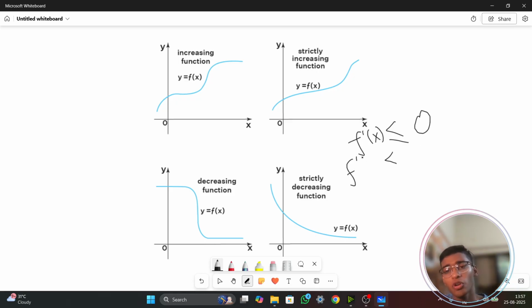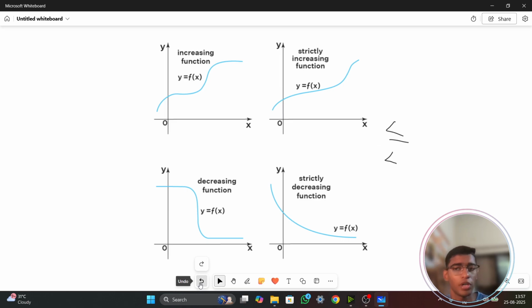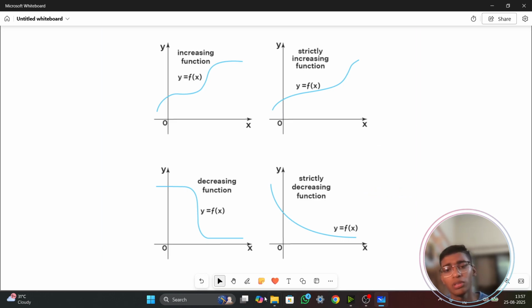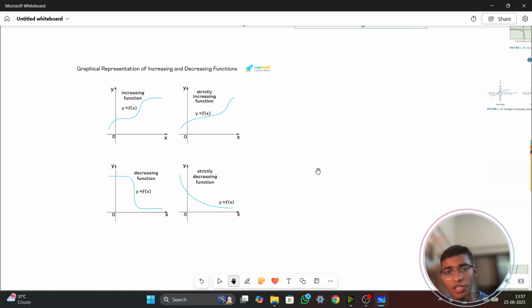But if my f dash x, the first differentiation of that function, is strictly less than zero, then I'm talking about strictly decreasing function. So these are the two things which we'll be talking about in our later lectures. But as of now, these graphs were important to understand how the function is behaving.